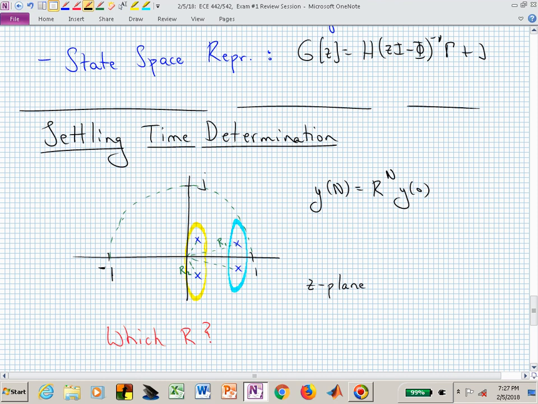So now we need to figure out which one's the fastest. Which one's going to collapse quicker? That's the fastest. So let's just put some numbers on this. Let's say R sub 1 is 0.8, and let's say R sub 2 is 0.4. 0.8 squared, cubed, to the fourth.